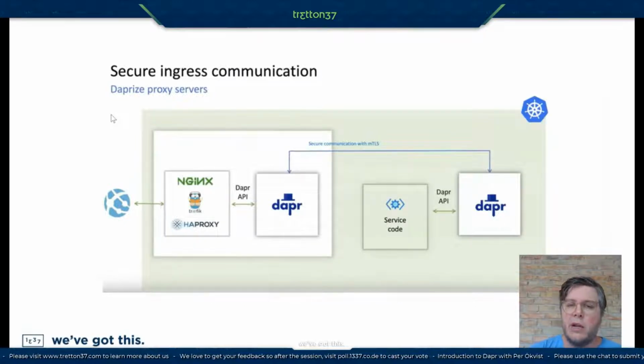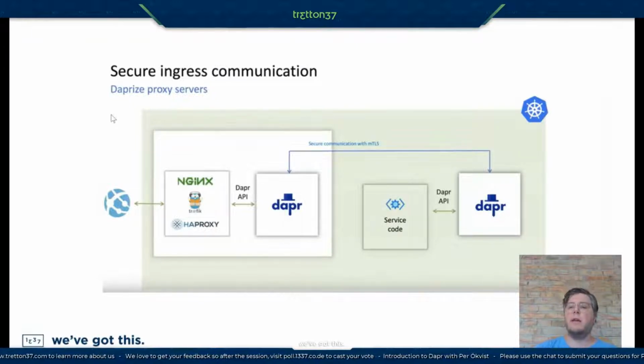And now, instead of letting Nginx just route your traffic to your actual application, it could now invoke Dapr instead. So Dapr does the service registry resolution and calls your actual application sidecar to sidecar.